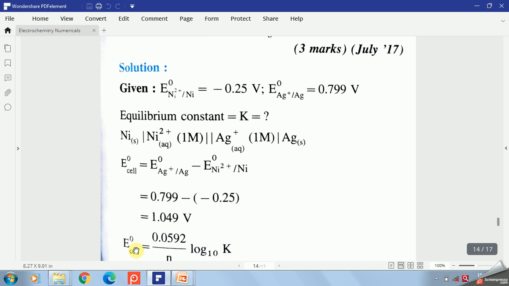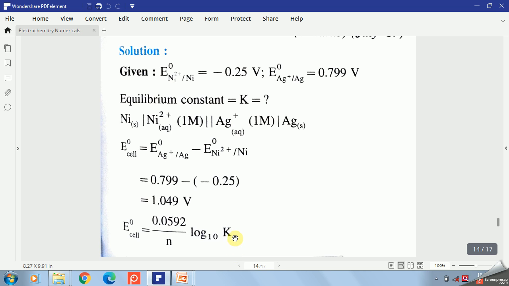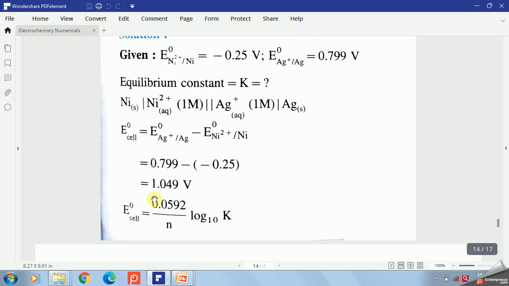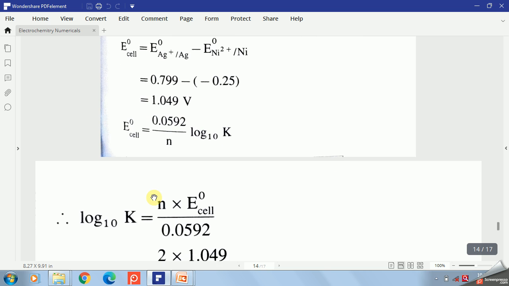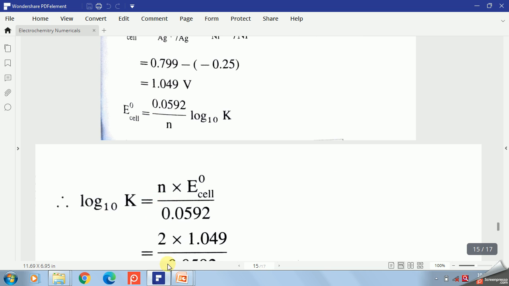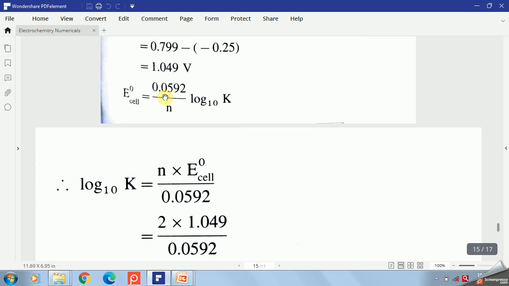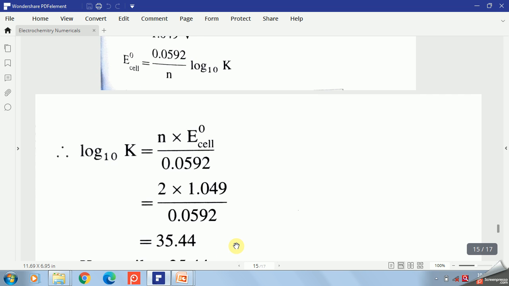Then E0 cell is nothing but 0.0592 divided by n into log of K. K is the equilibrium constant that you have to calculate. So rearrange this formula: log of K to the base 10 is n into E0 cell divided by 0.0592. Substitute the values. n is equal to 2 because 2 electrons are transferred. E0 cell is 1.049 divided by 0.0592.